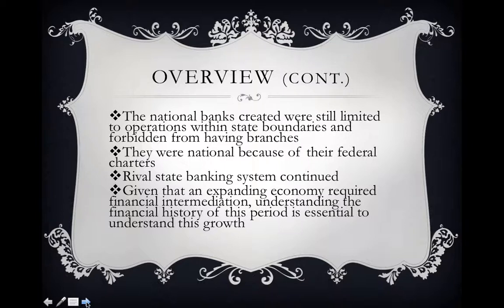Therefore, we need financial intermediation. We need institutions that can funnel savings from individuals to individuals who want to borrow, that are able to link savers and borrowers together. So it's important to understand that, and it's also important to understand the evolution of banking regulation as we move up into the Federal Reserve period.